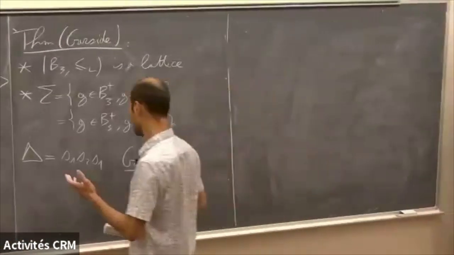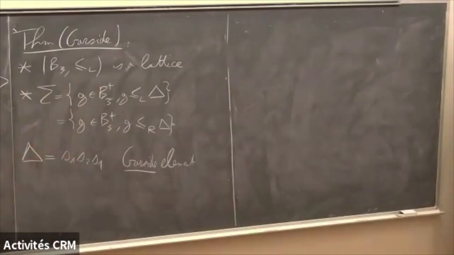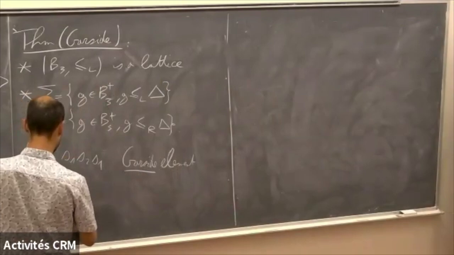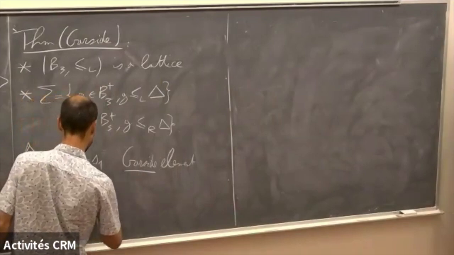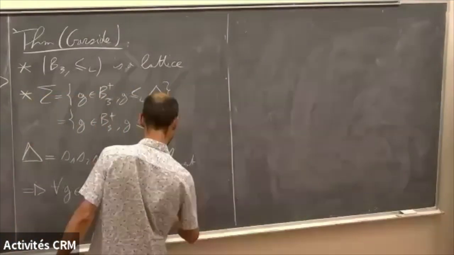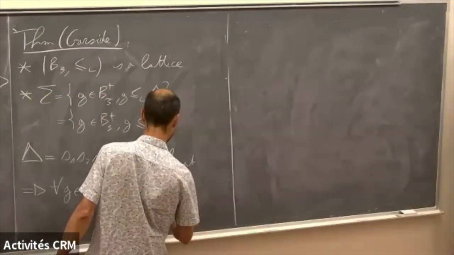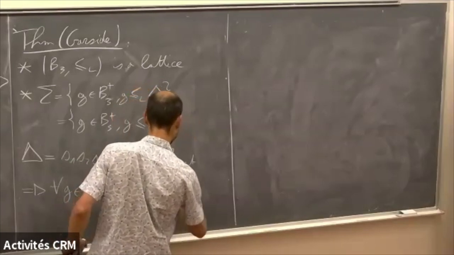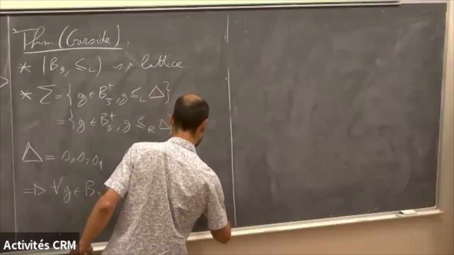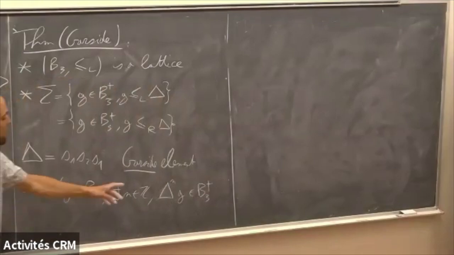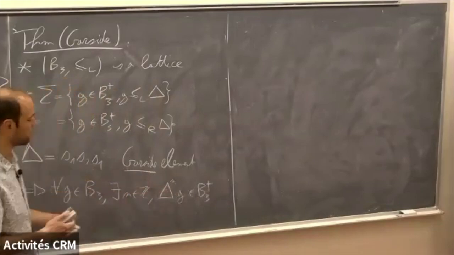And using just this property and using conjugation by delta, you can show that for all braids G, there exists a power n such that when I multiply G on the left by delta to the n, it becomes positive. Okay. If I take n positive enough, it becomes a positive braid.